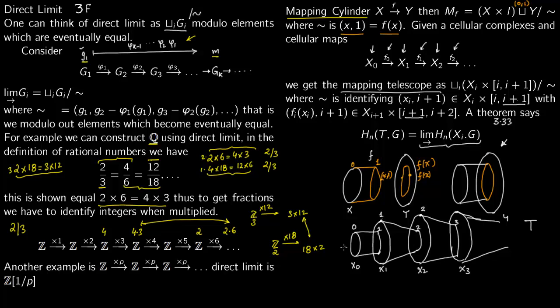So now you see how beautiful it is. This telescope itself is made via these disjoint unions, and therefore you can use direct limit to compute the homology of the telescope.